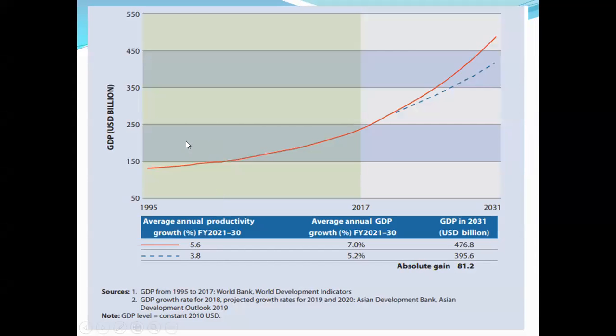For this purpose, we compared the status of the GDP, 95 to 2017, and 2031. This is our status. This is the comparison.